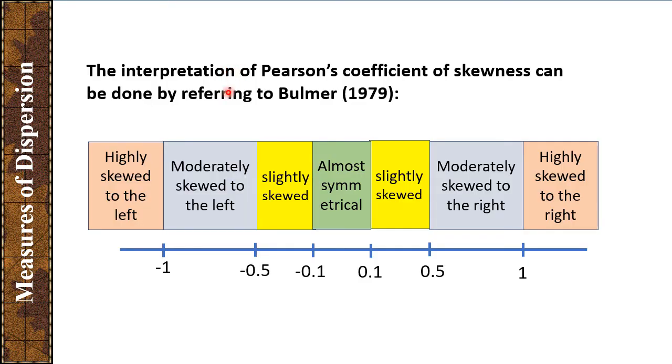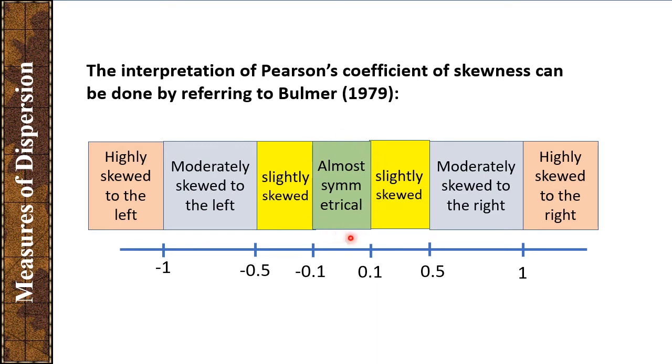So this is about the degree of the skewness. Remember that I already mentioned it is almost impossible to have a perfect symmetry, but if you have plus or minus 0.1, we can consider it almost symmetrical, whether negative 0.04 or positive 0.03.